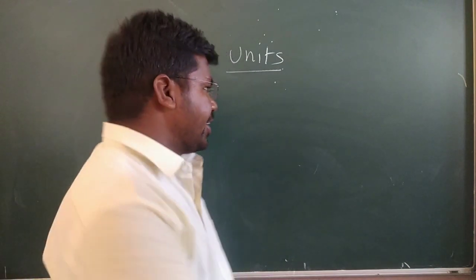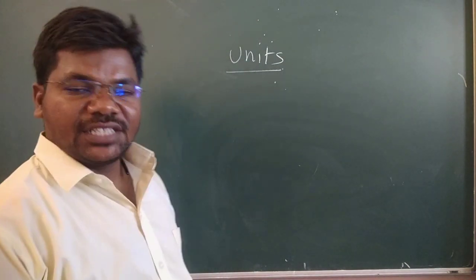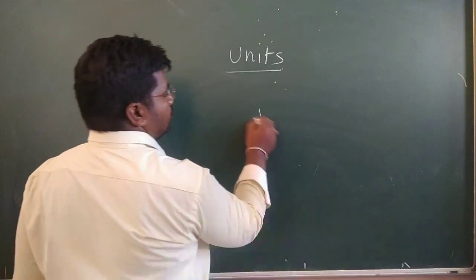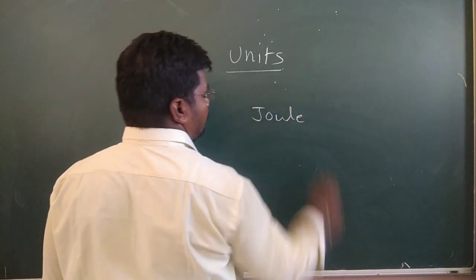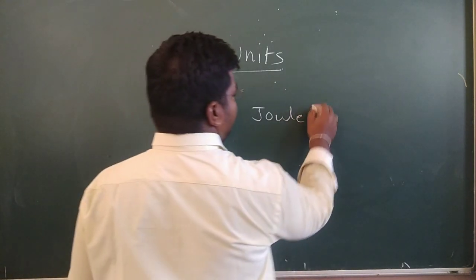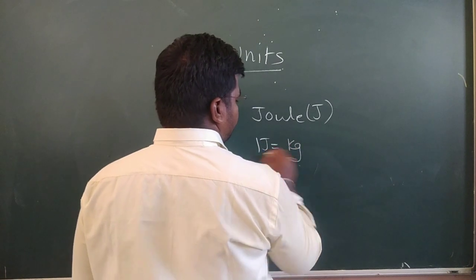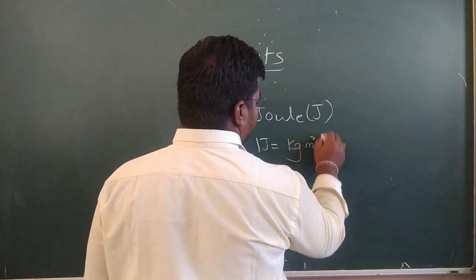Units of electrical energy. For any type of energy, the SI unit is joule, and the symbol is J. So 1 joule is equal to kilogram meter square per second square.